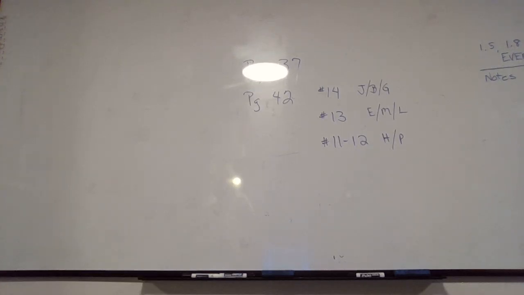We have number 14, page 42. I need 35 plus 10 over 35 minus 10.